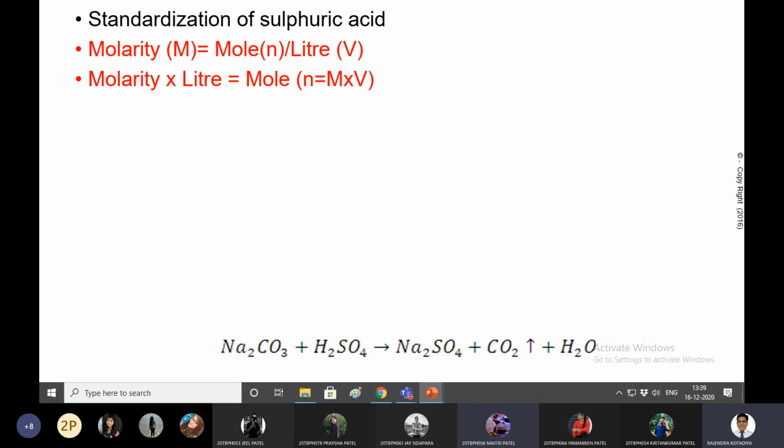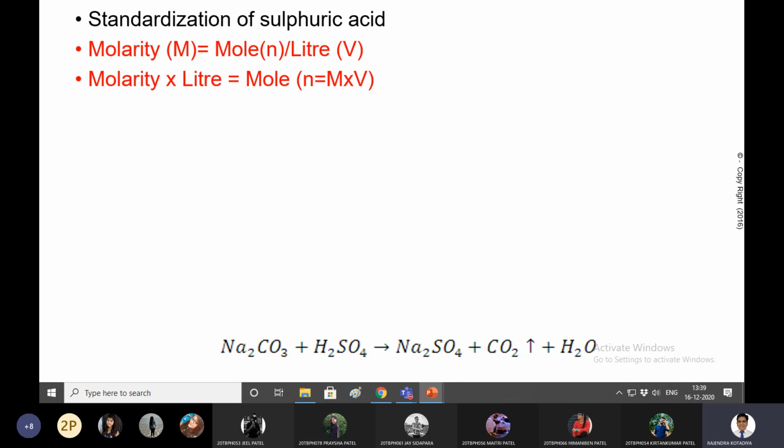Carbon dioxide is released. Then 1 mole of sulfuric acid reacts with 1 mole of sodium carbonate. Yes, that is our main focus.